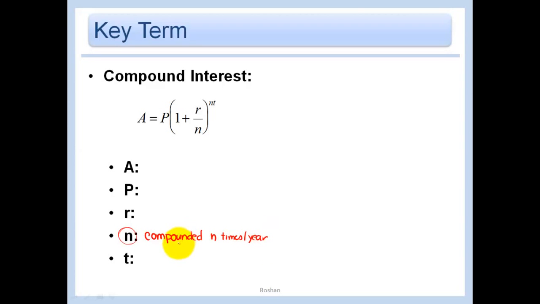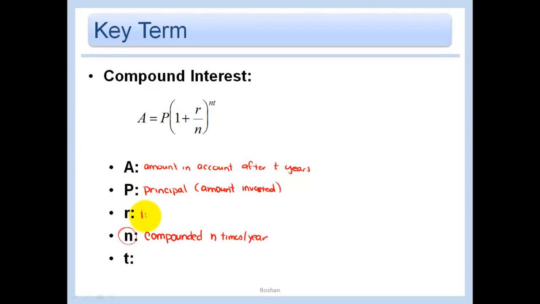You'll see that the more times that you compound, the more your money grows. A is just the amount in the account after 2 years. P is the principal. In other words, the amount that you invested, the amount that you put into your bank account, say.